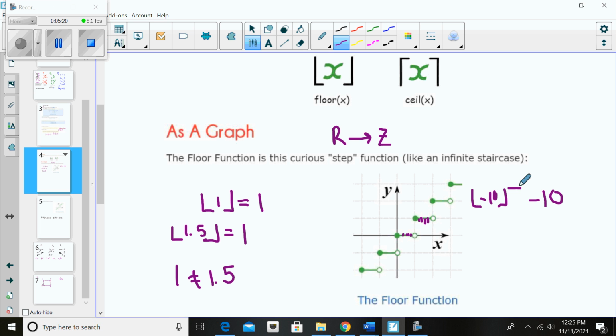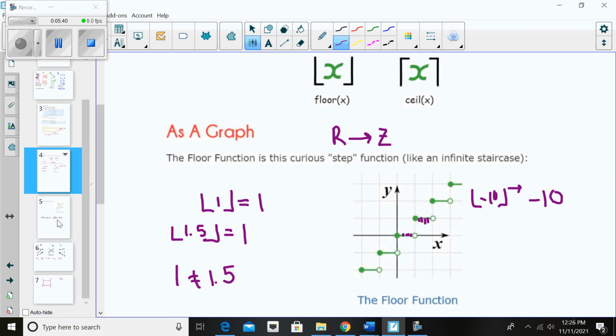I also could input -9.9, -9.8, and all of those would map to -10 on the floor function.